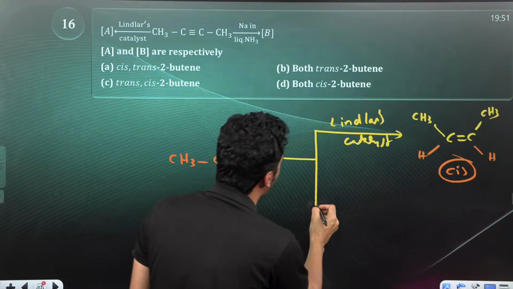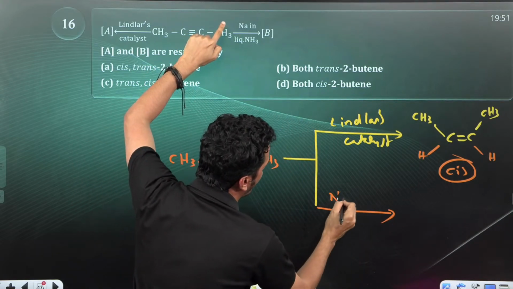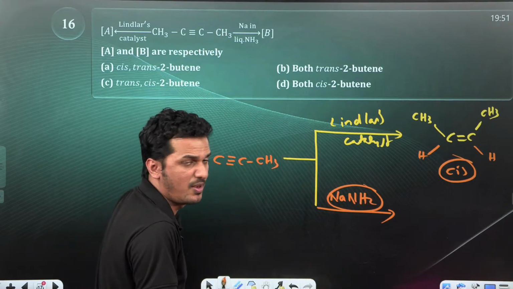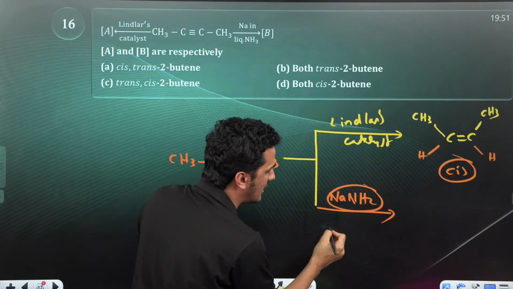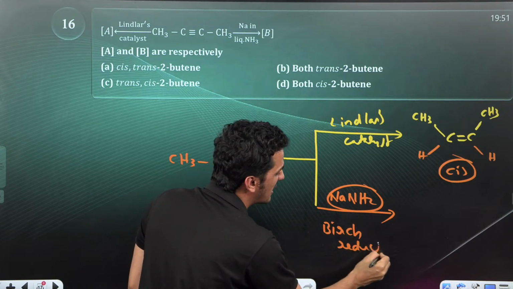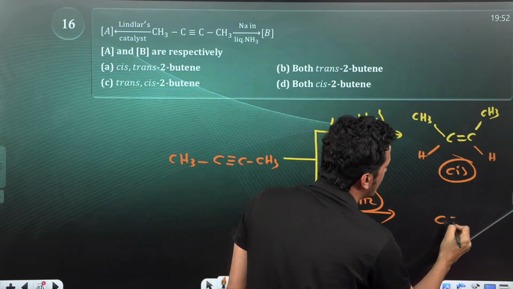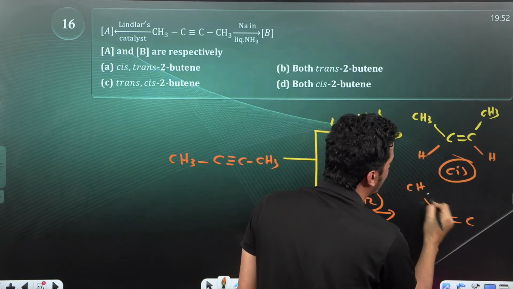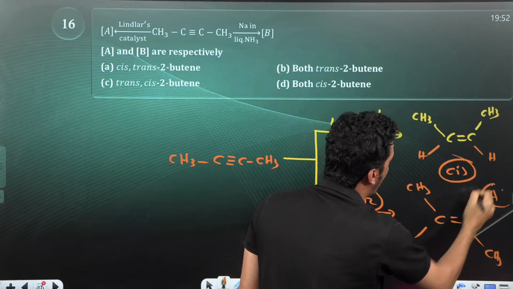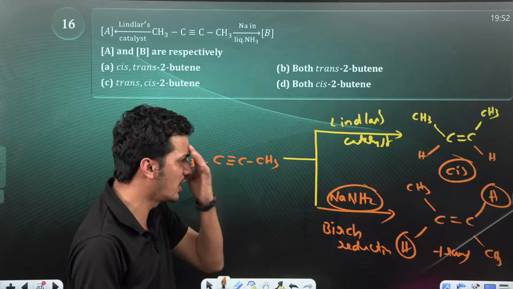Ready? Yes. And instead of this, if we are using sodium in liquid ammonia, sodamide will form, along with that hydrogen will be forming. That idea is called Birch reduction. Birch reduction means hydrogen will be added on opposite sides. C double bond C, here CH3, here CH3, here H, here H. It will be a trans product only you will get.